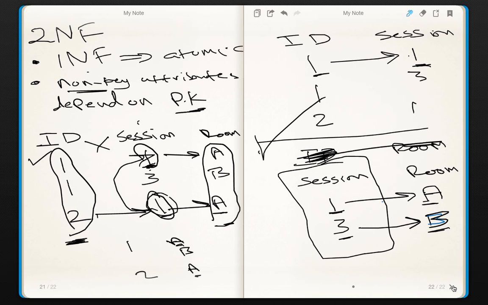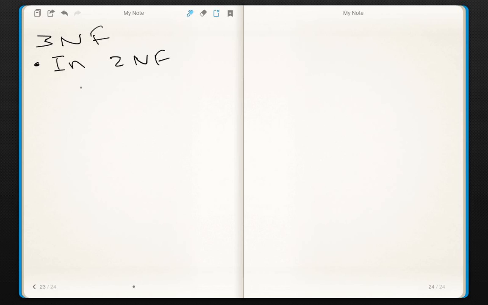Let's move on to the third normal form, 3NF. Now the condition for the 3NF, again, is that it should already be in second normal form. So it's a continuation from the second normal form. Also, we must have no closure.